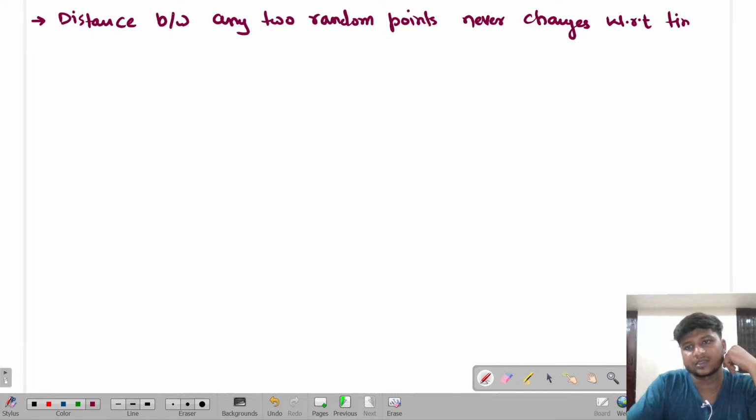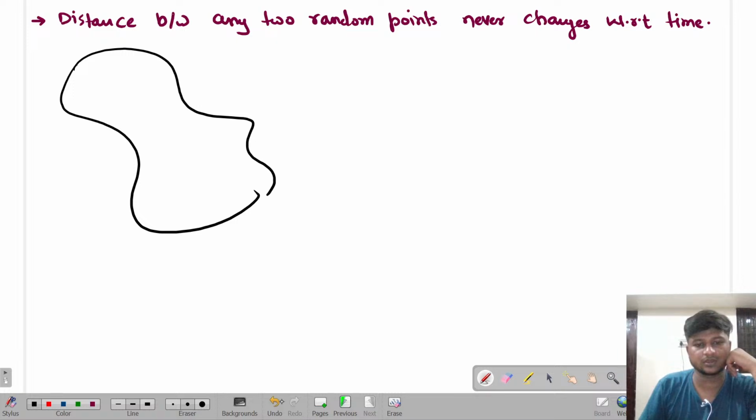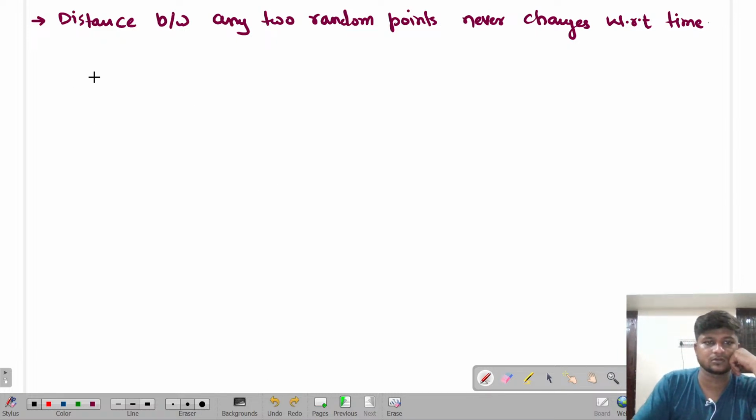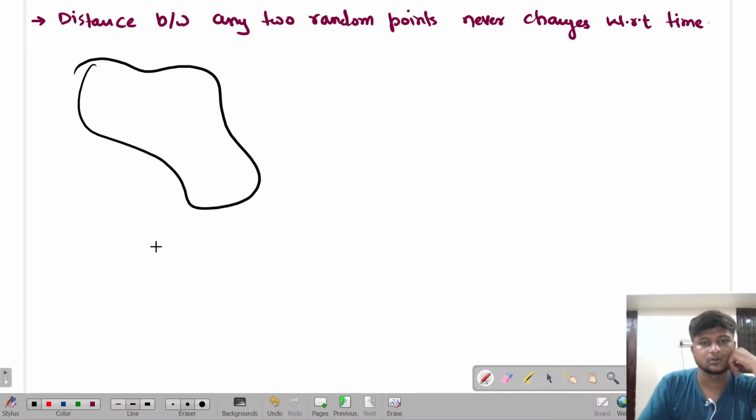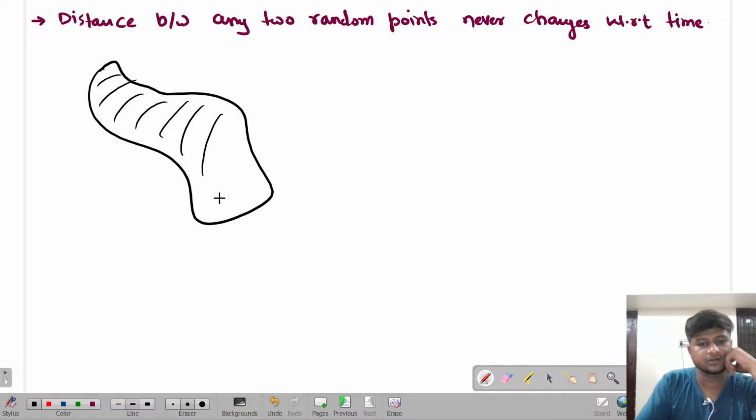First conclusion, yes or no? So then we can create our formula for it, yes or no? Let's suppose I have a random rigid body, like this way. Are you able to get me or not? Or you can consider a perfect symmetrical object. It's your choice. Got it?